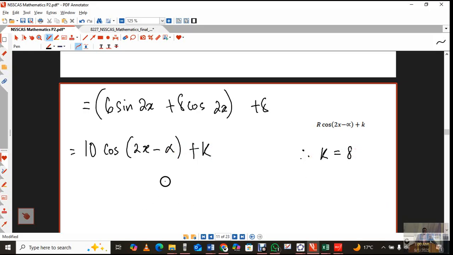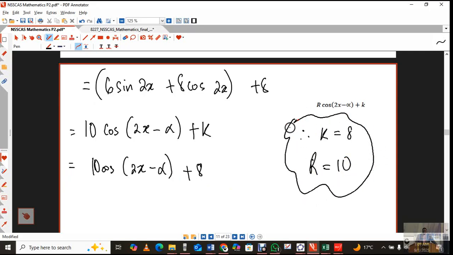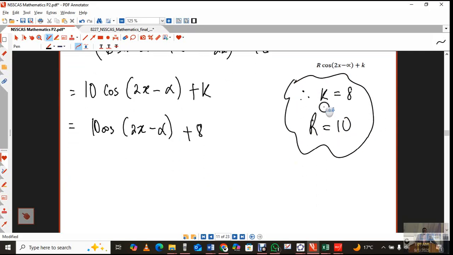So there we go. This is 10 cos 2x minus alpha plus 8. So the objective is for us to calculate our alpha. Our R is 10, our alpha is that. We know this already.